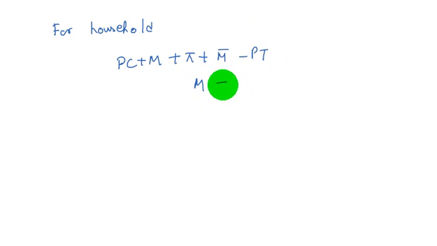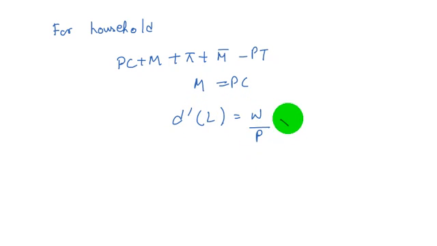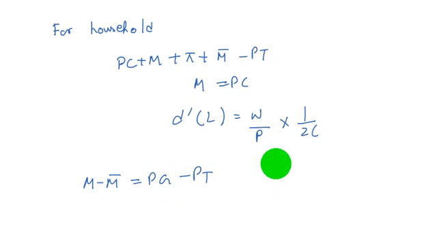Therefore M equals PC. Therefore D dash L equals W by P into 1 by 2C. And we have the government's budget constraint as M minus M bar equals PG minus PT. Finally, the market clearing condition Y equals C plus G will be applied.